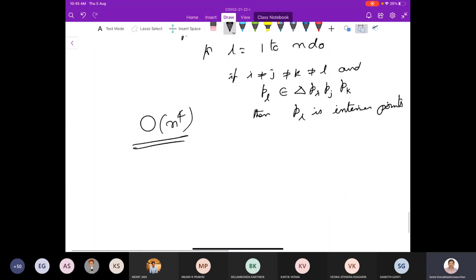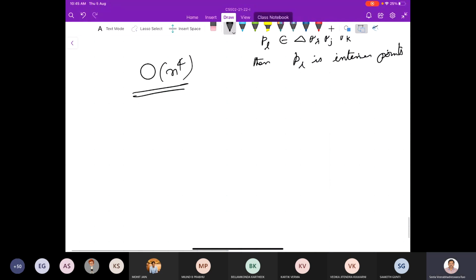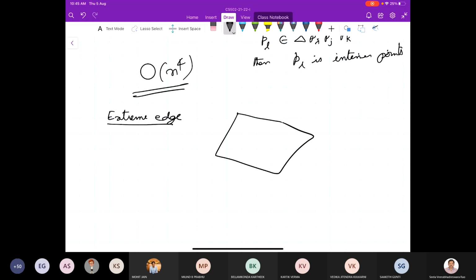So the next algorithm is finding the extreme edges. Here, in the convex hull, each edge is an extreme edge, so you identify these edges.